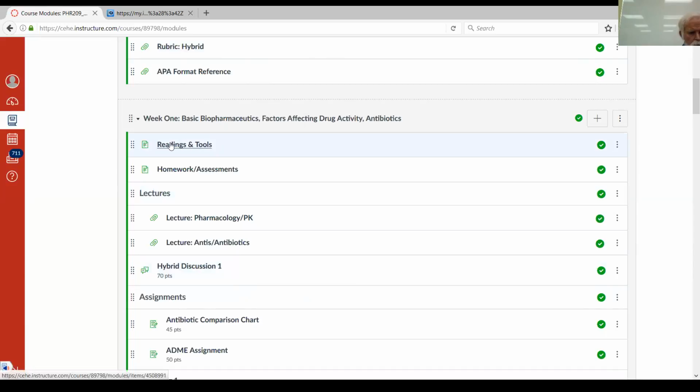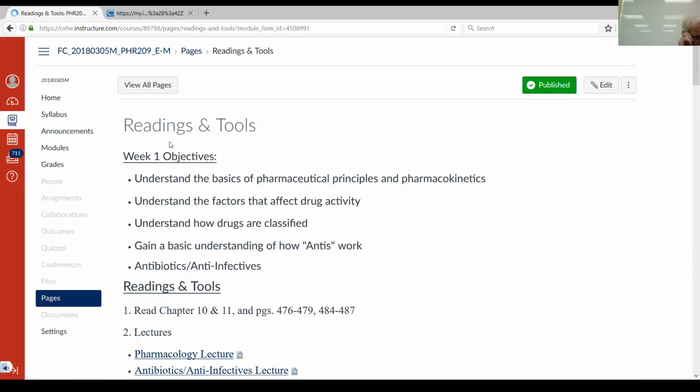If we look basically at the readings and tools for week 1, I want you to read chapters 10 and 11, which have to do with pharmacokinetics, pharmacology in general, and factors that affect drug activity.